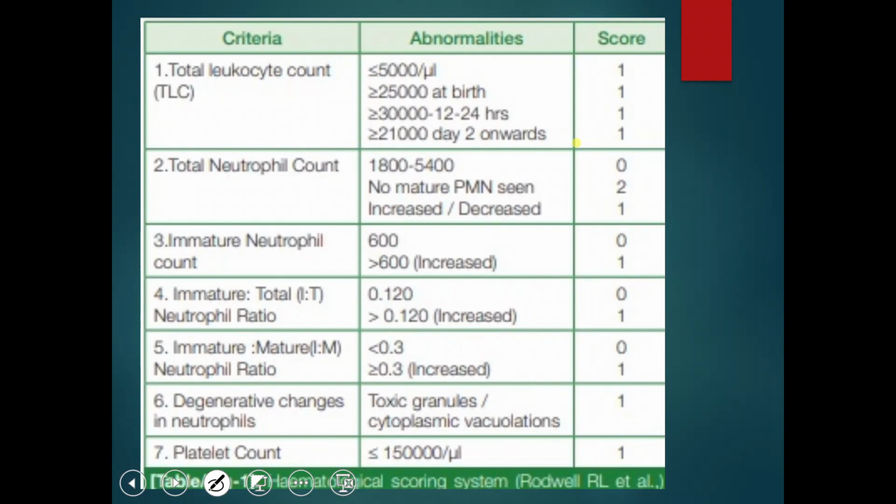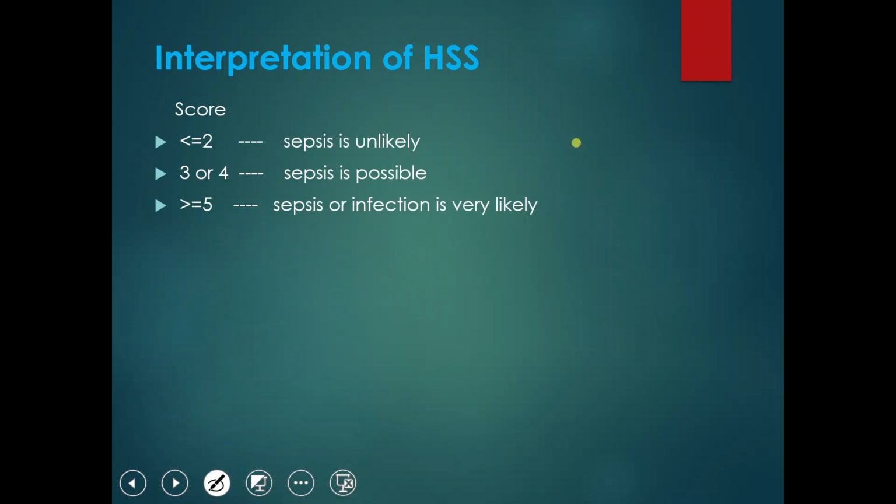So this is a table showing all the criteria with their abnormalities and score given by the hematological scoring system. Then coming to the interpretation of the hematological scoring system. If the final score is less than or equal to 2, then we can report the case as sepsis is unlikely. If the final score is 3 or 4, we can report it as sepsis is possible.